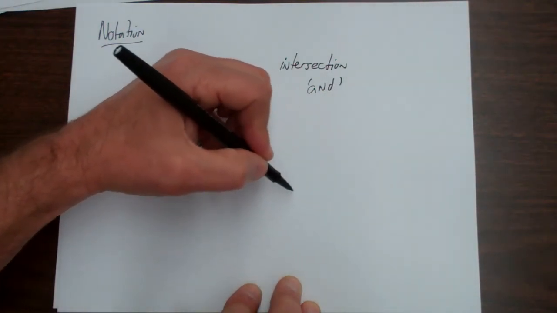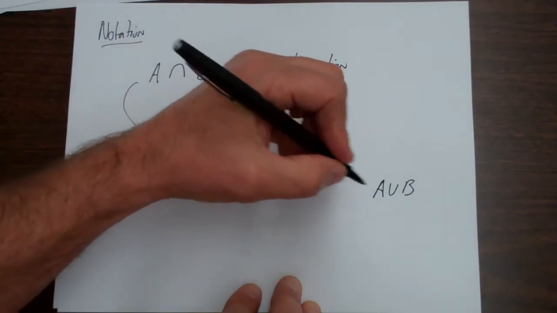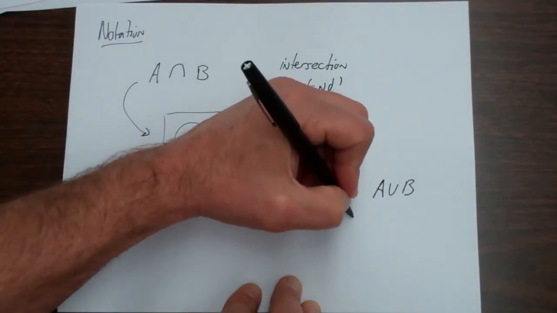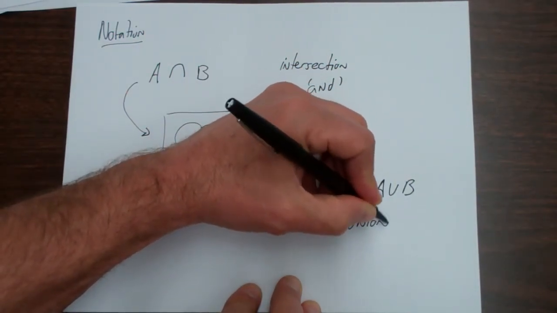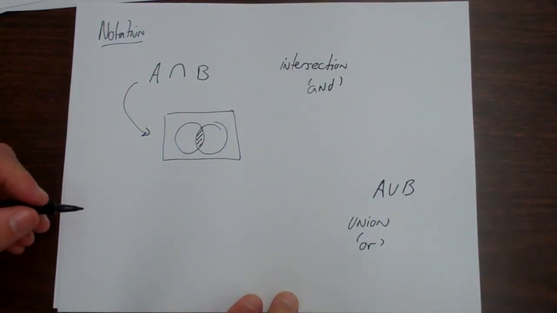If you do A or B, that's called the union. And we also use the terminology or.